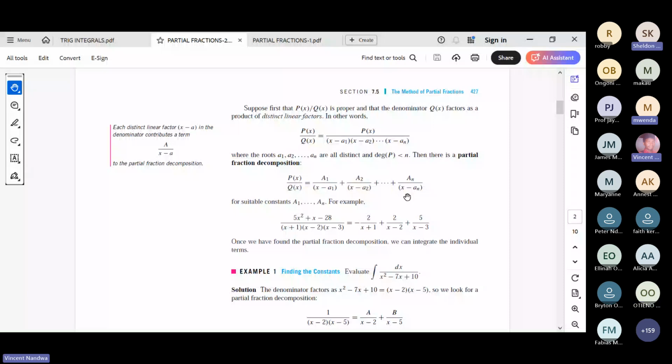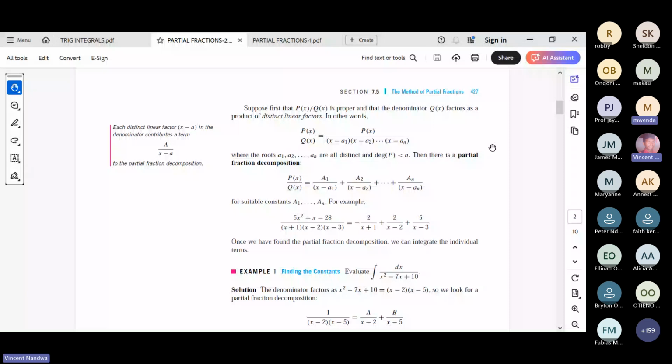Then the last part is to get the value of a3. How do you eliminate the parts with a1 and a2 simultaneously to remain with only the part with a3? Which value of x do you fix? 3. When you fix x as 3, we are assured of doing away with the parts with a1 and a2 because both have an x minus 3. So 3 minus 3 is 0.